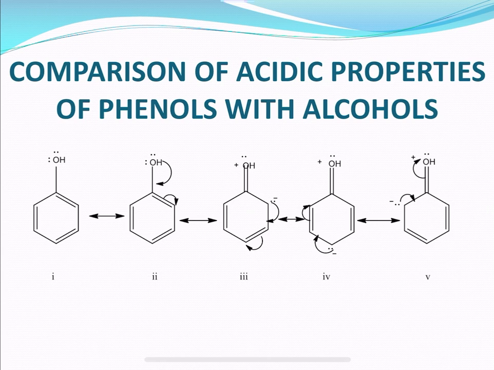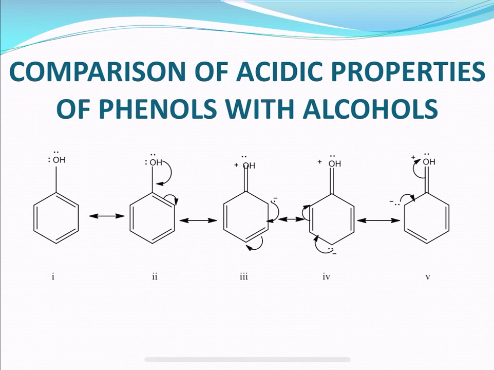When phenols are reacted with aqueous solution, phenoxide ions are formed. So, this is the difference between alkoxide and phenoxide ions. Alkoxide ions can be represented only by a single structure, whereas phenol and phenoxide ions have resonance hybrids, which are more than one structure.